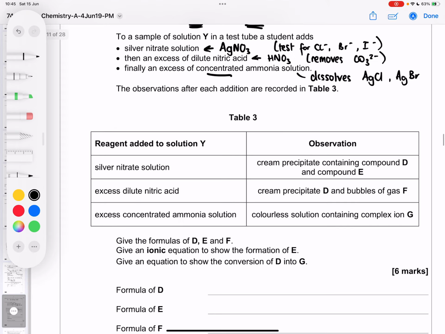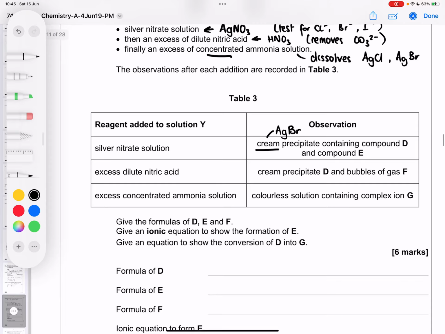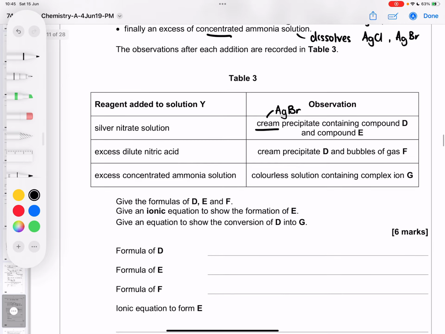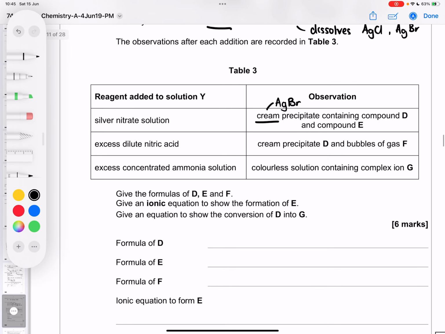And their observations are recorded. So we get a cream precipitate, which kind of indicates it might be AgBr, containing D and E, compound D and compound E. So there might be a second precipitate inside there.